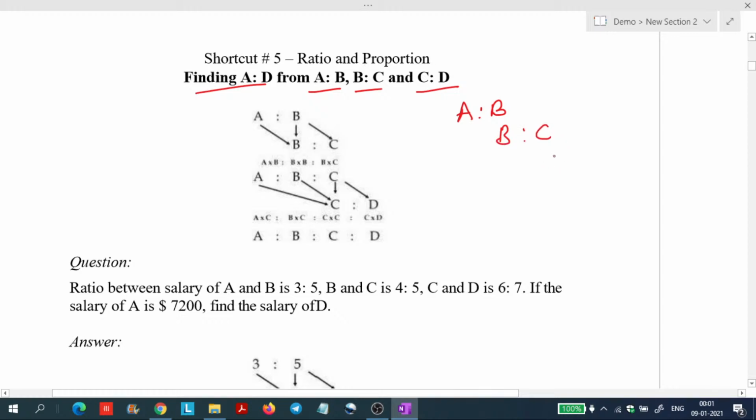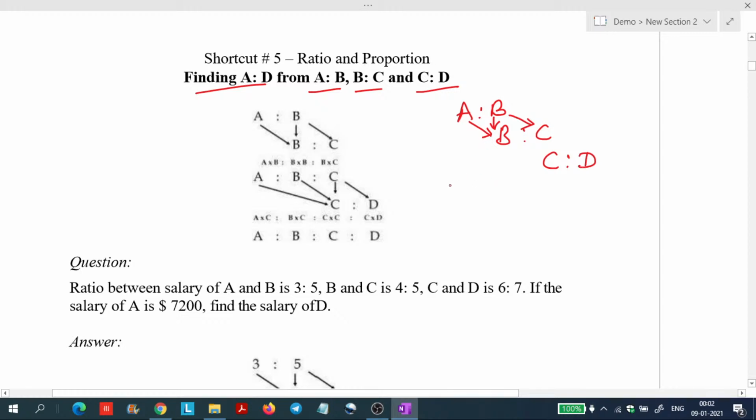So we need to find A is to D. Again here, A into B, then B into B, then B into C. So here we will get ABC, 3 parameters.